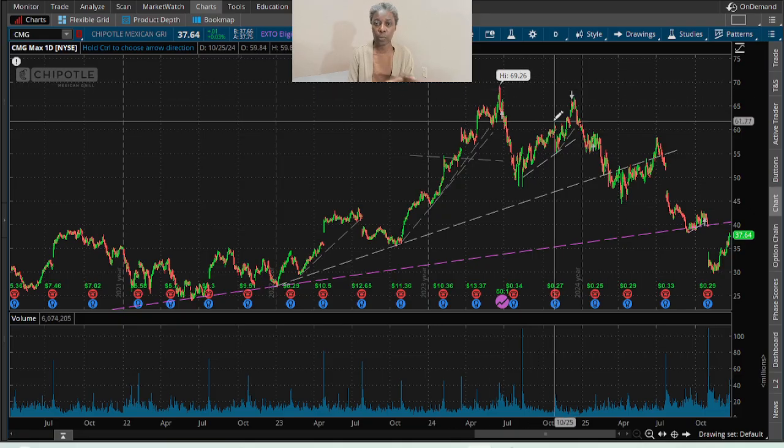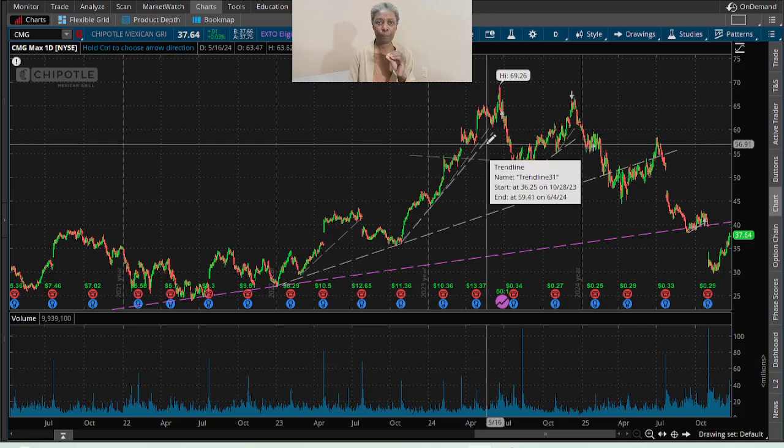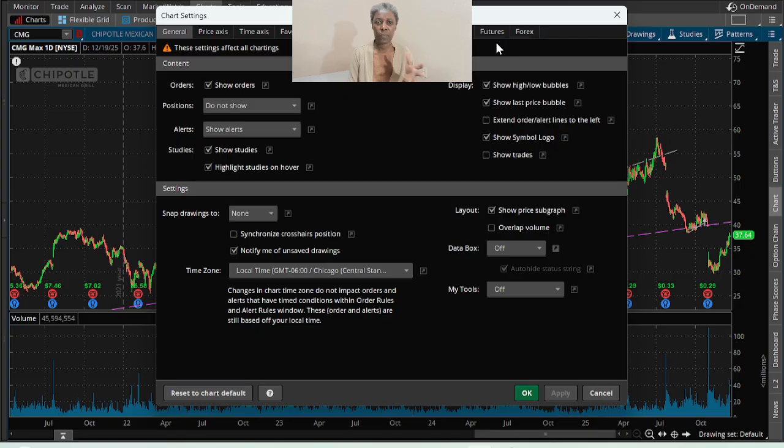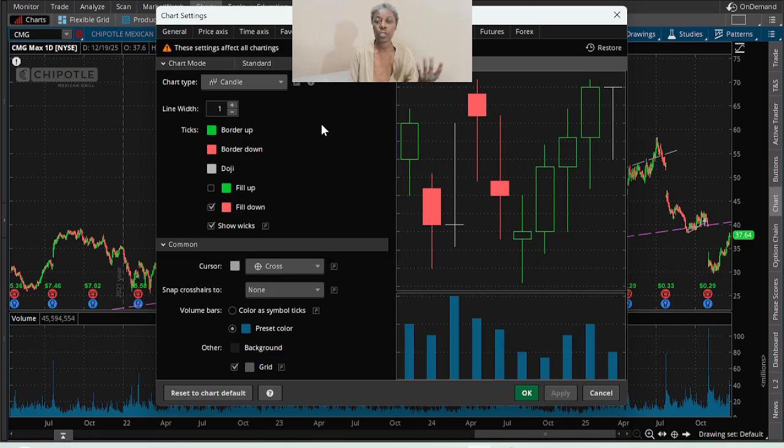So when I'm talking about candlestick, I know they have different types of charts that you can work with. Okay, so Thinkorswim has a lot of features. I just don't use them.